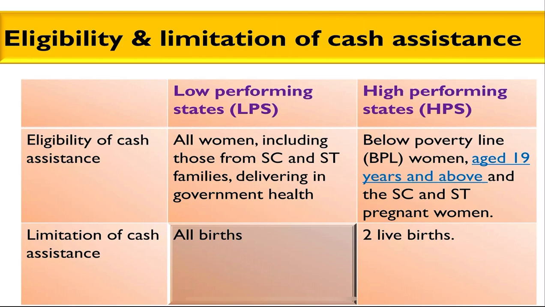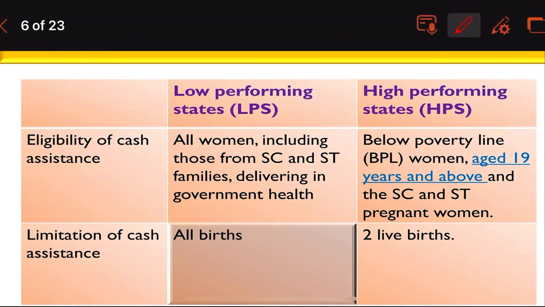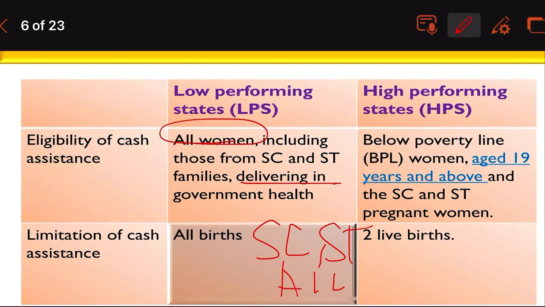Whereas in the high performing states, below poverty line women aged 19 years and above, and SC, ST pregnant women are the ones who are getting this cash assistance, and they are given up to 2 live births only. Okay, clear, guys? In the low performing states, all the women along with the SC, ST are delivering in the government health setup.